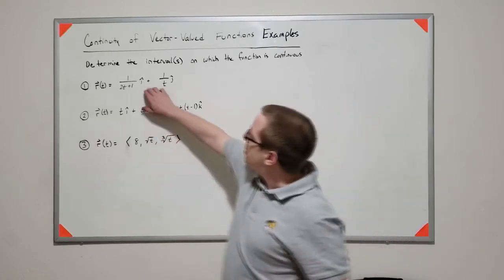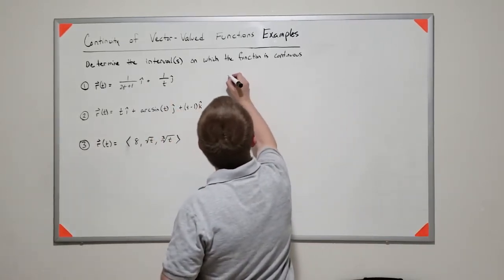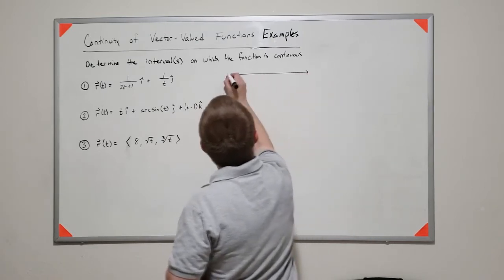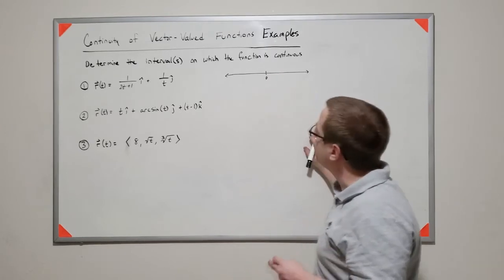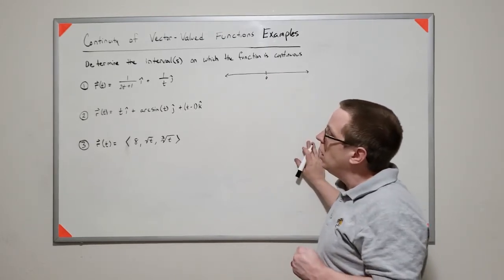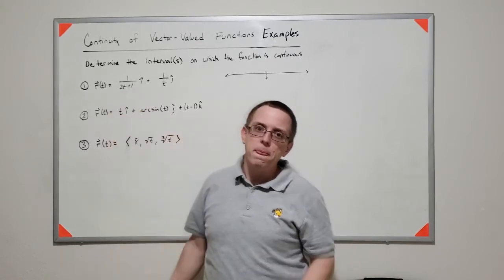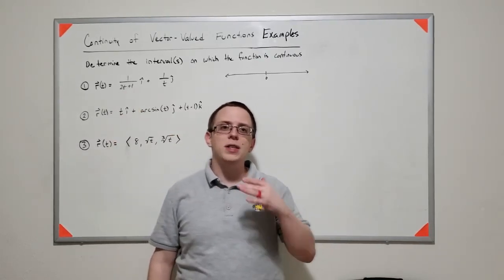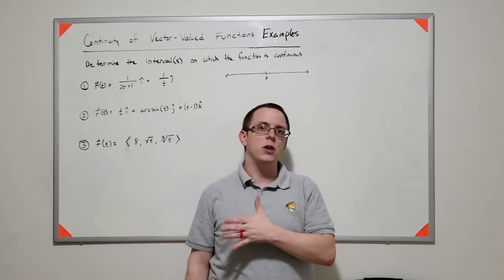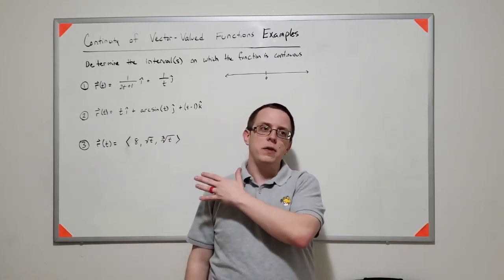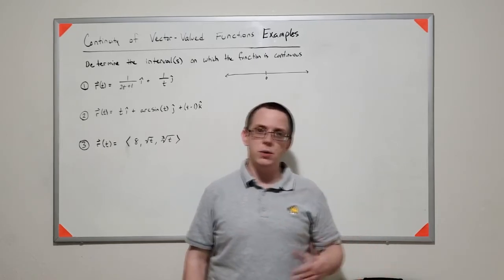So let's take a look at this function. If I think of a number line here, and this is 0, I take a look at this function, 1 over 2t plus 1. And I say, all right, what values can't go in there? When we think about continuity, it's much easier to think about values that it's discontinuous at than the values that it is continuous at.